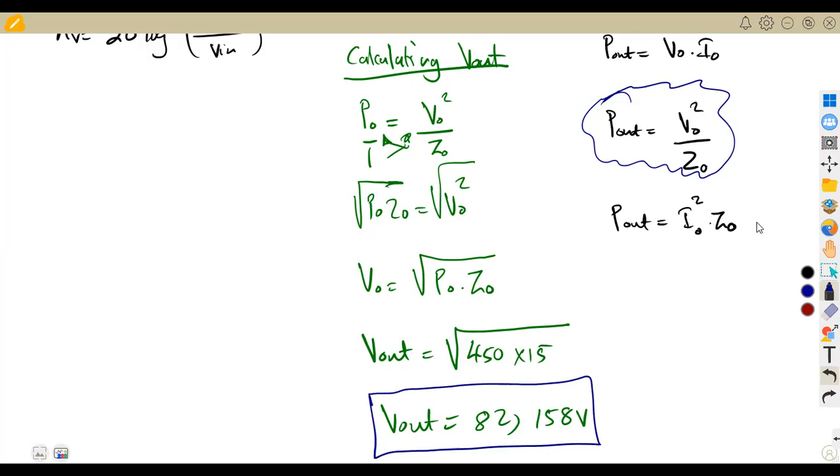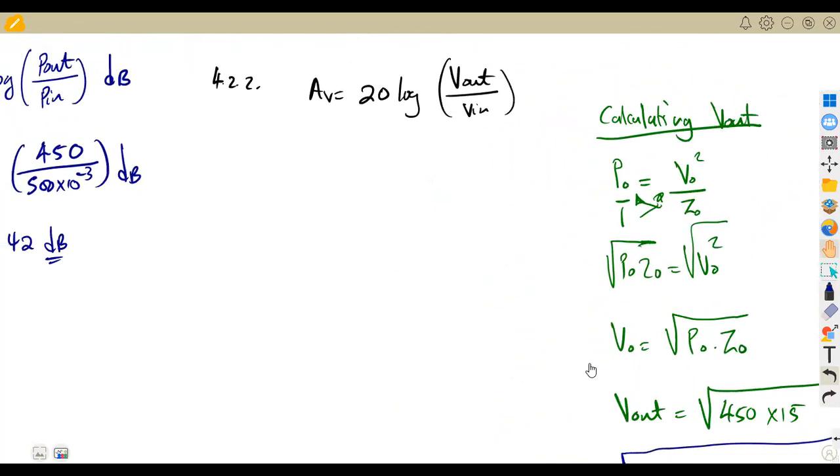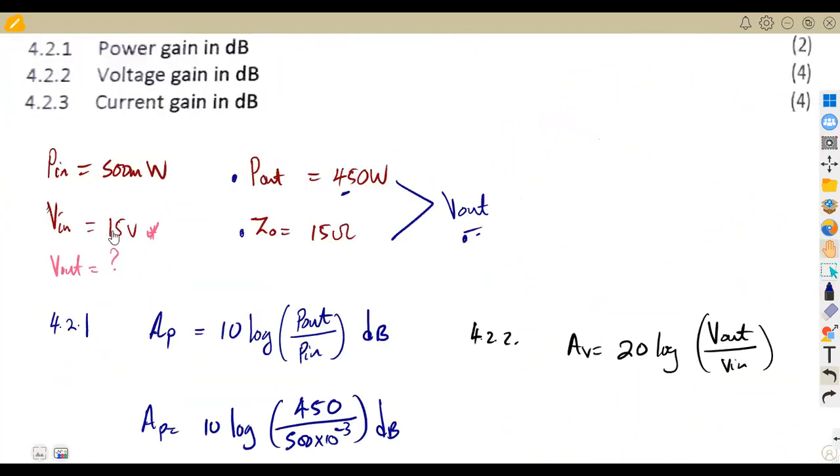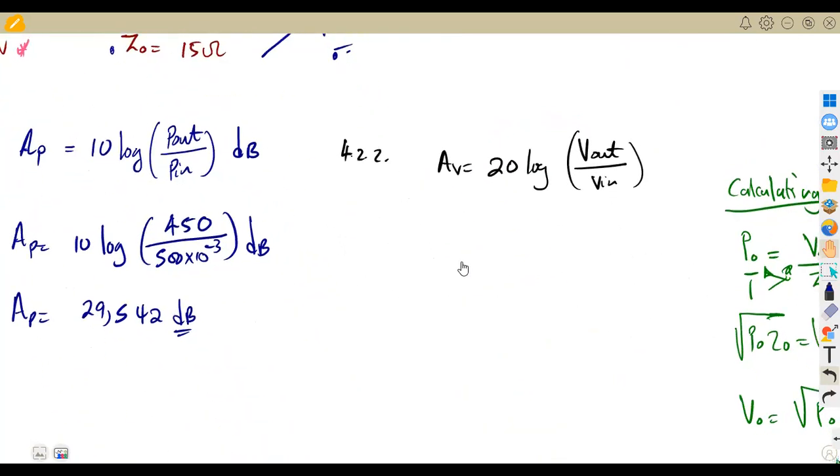Since I have got this voltage, I'm just going to simply substitute because I have all the rest from this information. V in is 15. So we can calculate our gain at this end, which is the voltage gain.